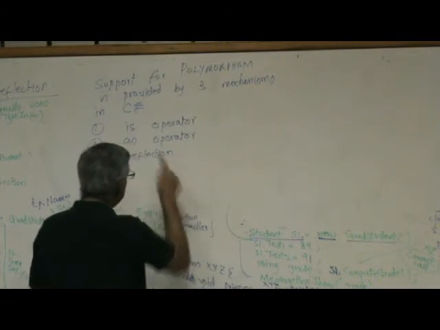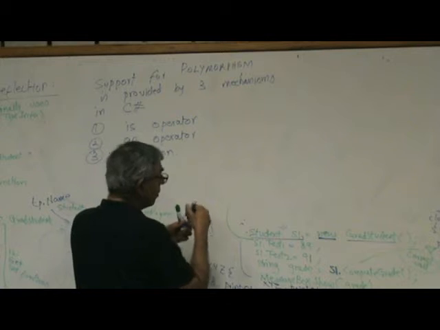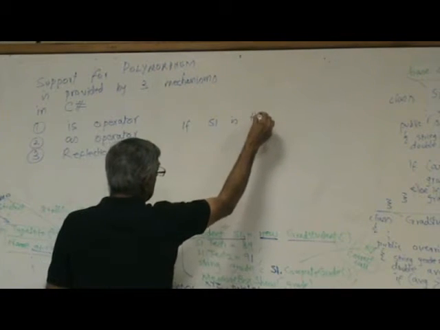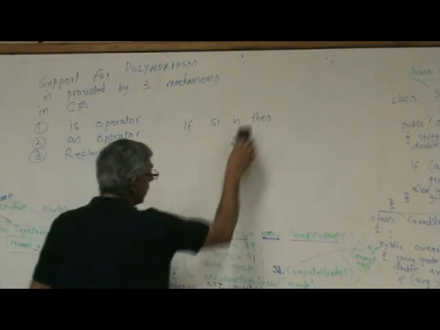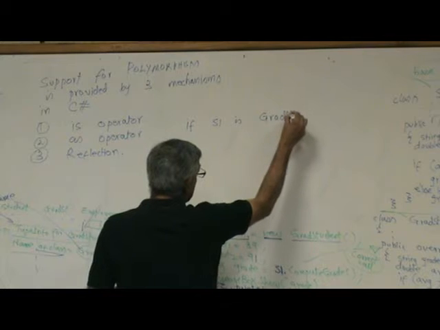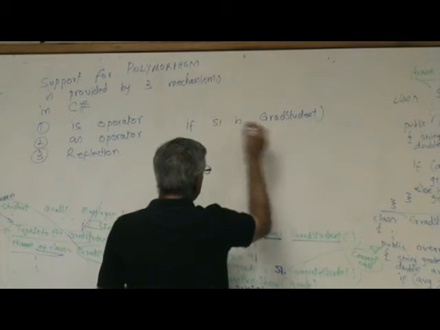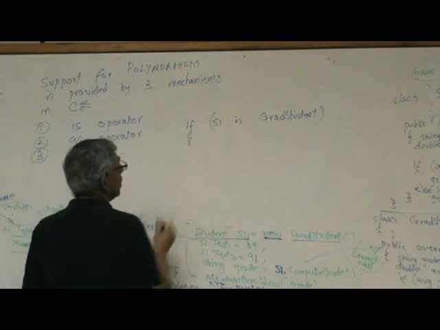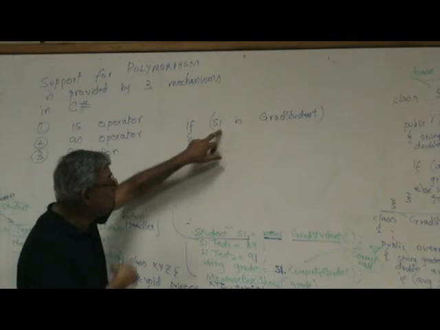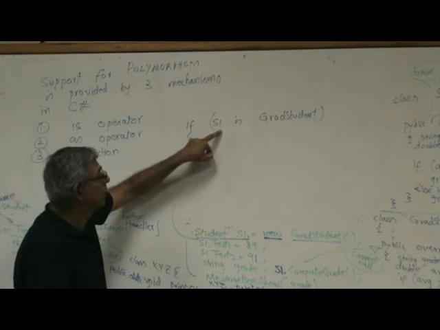If we use the is operator, our code will look something like this: if S1 is GradStudent. So we do a check if S1 is a grad student. Now keep in mind, this is a runtime decision. When the code is running, what will the computer do?